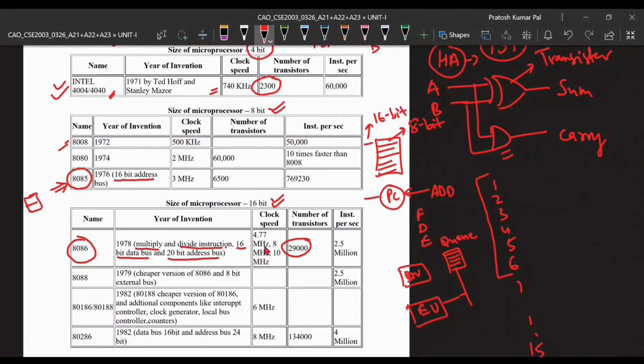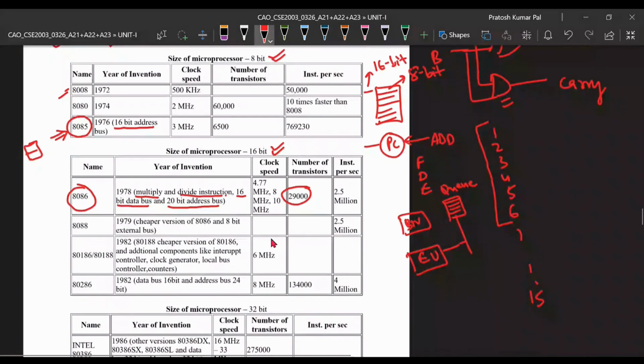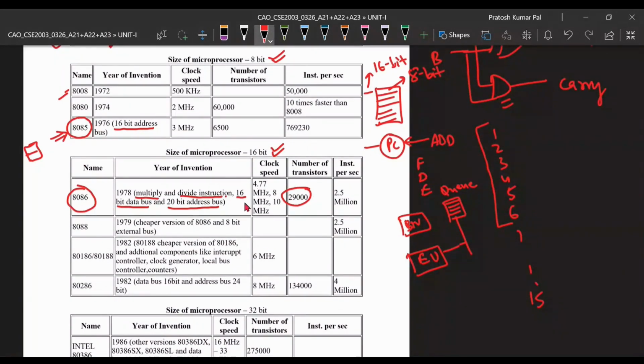Based on the frequency, if one processor has a 4.77 megahertz clock frequency and another has 6 megahertz, then the 6 megahertz one has higher speed. Higher speed means it executes a large number of instructions per second, so another parameter is instructions per second.